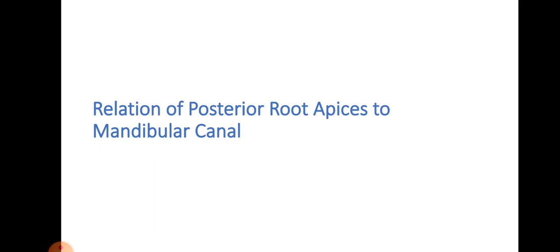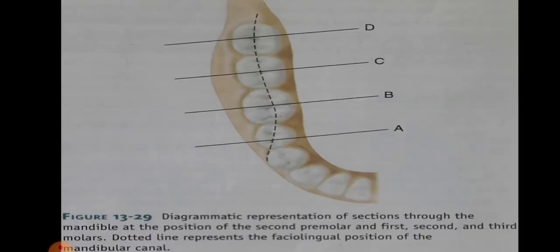Let's have a look over figure 13.29 A through D. It shows the diagrammatic representation of the sections through the mandible at the position of the second premolar and first, second and third molars.